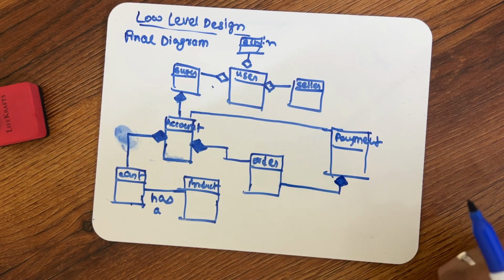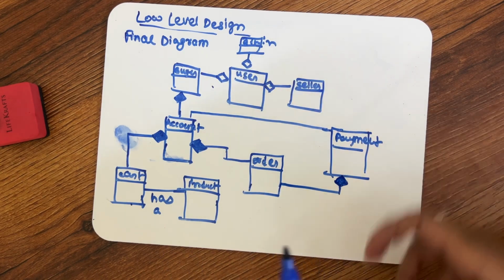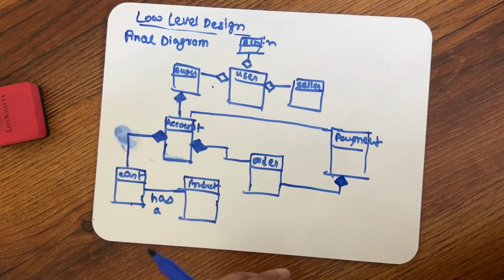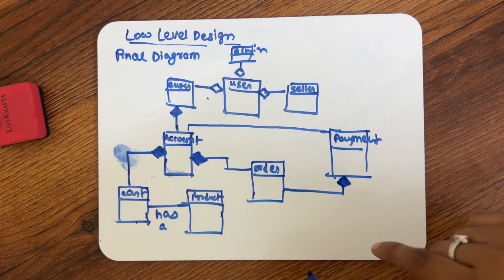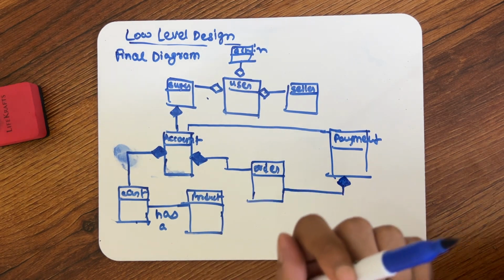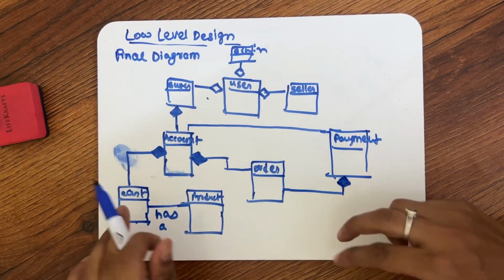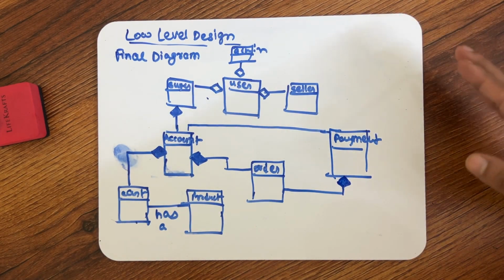Currently I am just explaining how we can show these classes are dependent on each other. This diagram you can definitely make in an LLD interview. It is not that efficient currently, so when we go into the shopping cart management system, I will rectify it, create a better diagram, and explain each part in detail.